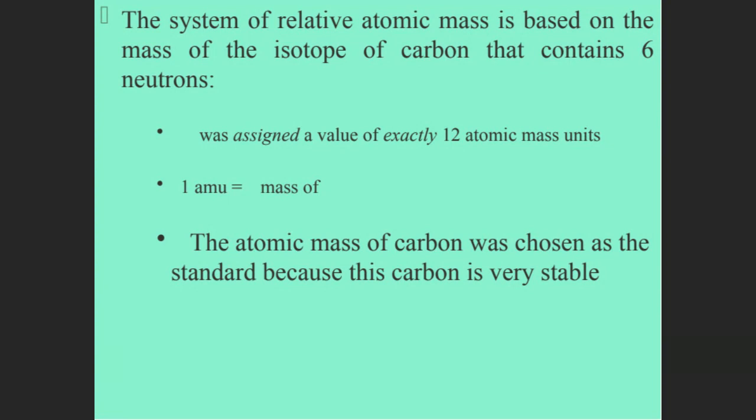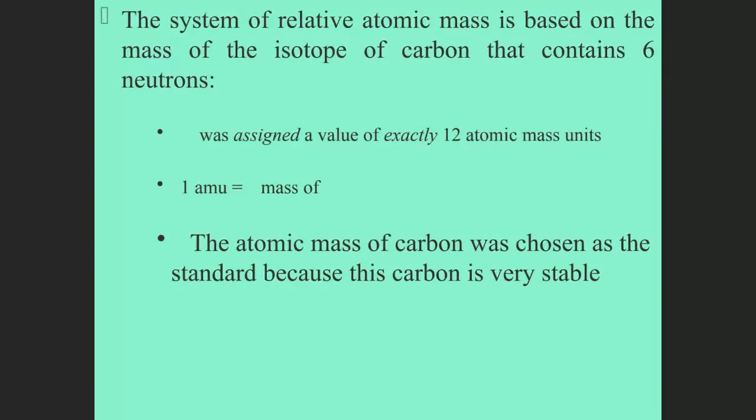The system of relative atomic mass is based on the mass of the isotope of carbon that contains 6 neutrons. So initially the scientists took carbon as a standard value and considered the relative, not the exact, atomic mass compared to carbon, which was assigned a value of exactly 12 atomic mass.